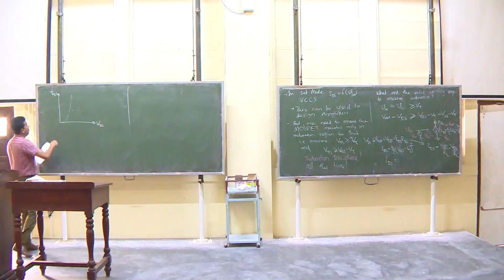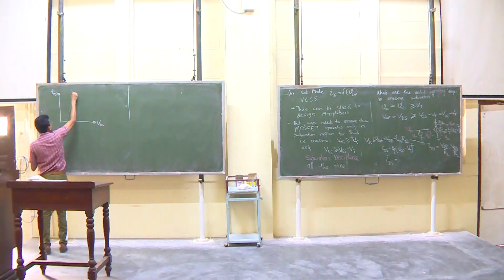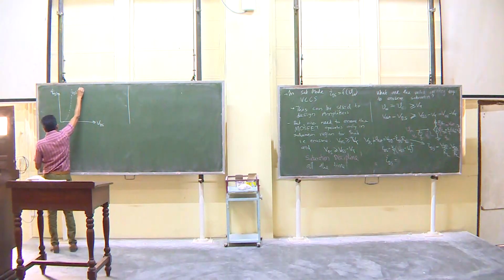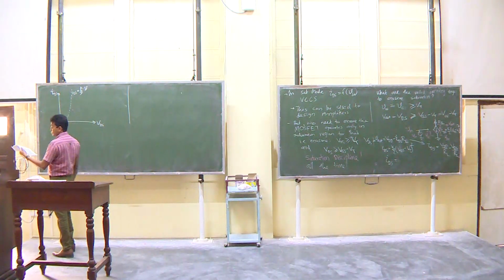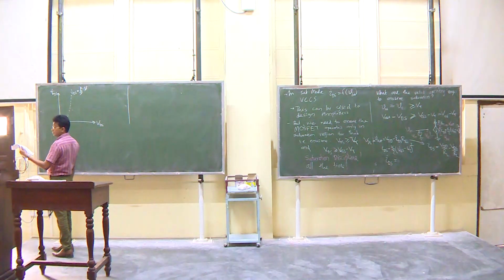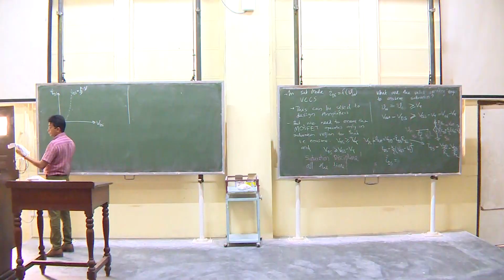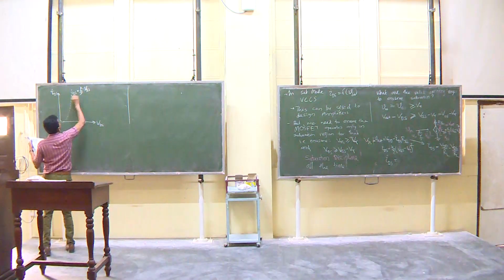This is basically IDS is equal to K divided by 2 VDS squared, right?